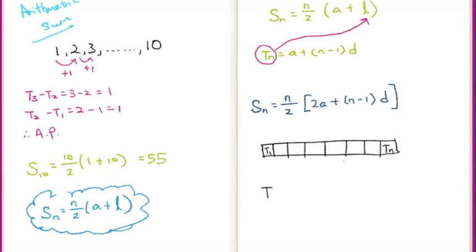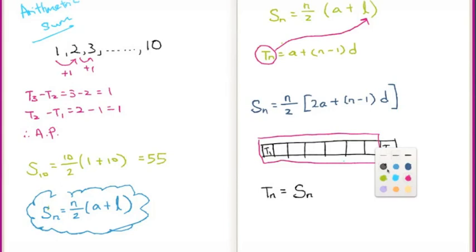The Tn of a certain number, maybe in the middle, is found this way: you take the sum of everything, S of n, and subtract the sum up till the number before it, so n minus 1. Let's say n is 10, so n minus 1 is 9. S10 minus S9, you will get the last number. This is the sum, and this is the term number.